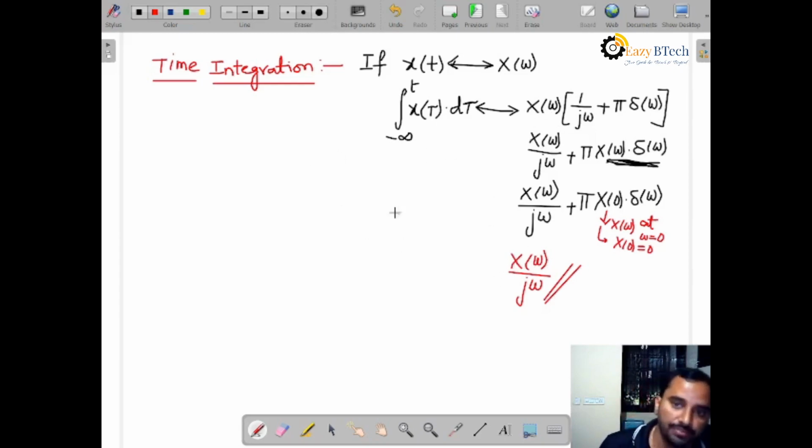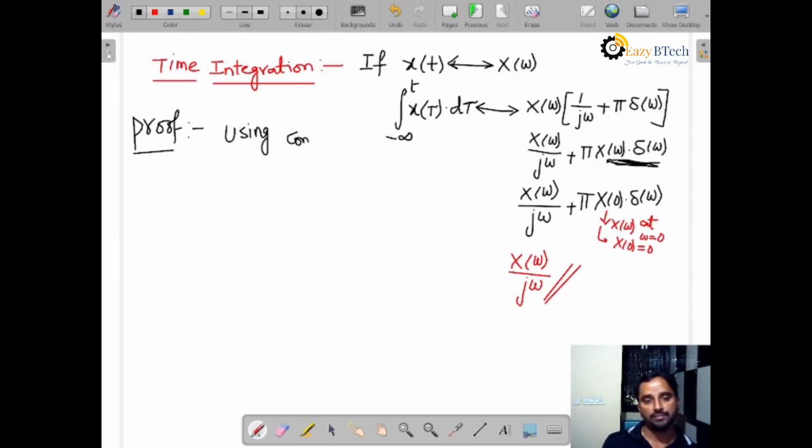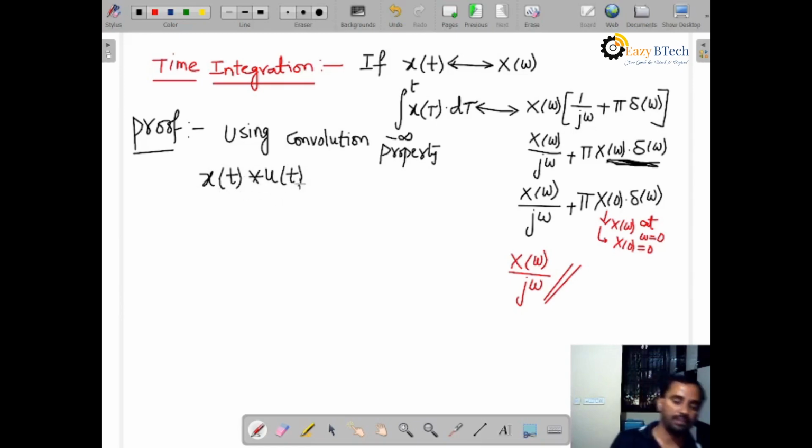So let's see this proof. This is only the statement. Go to the proof now. This property is proved with the help of the convolution property, which we can discuss later. Using the convolution property, I am going to take the convolution of x of t and u of t.